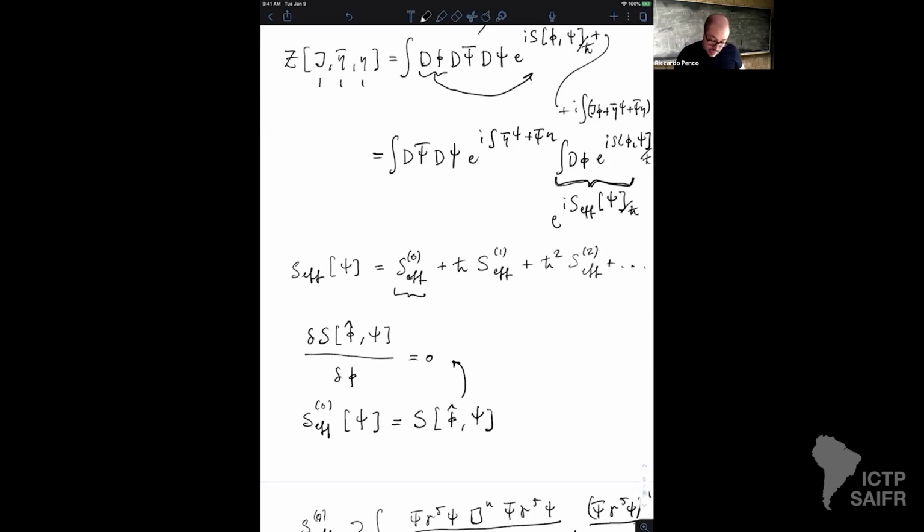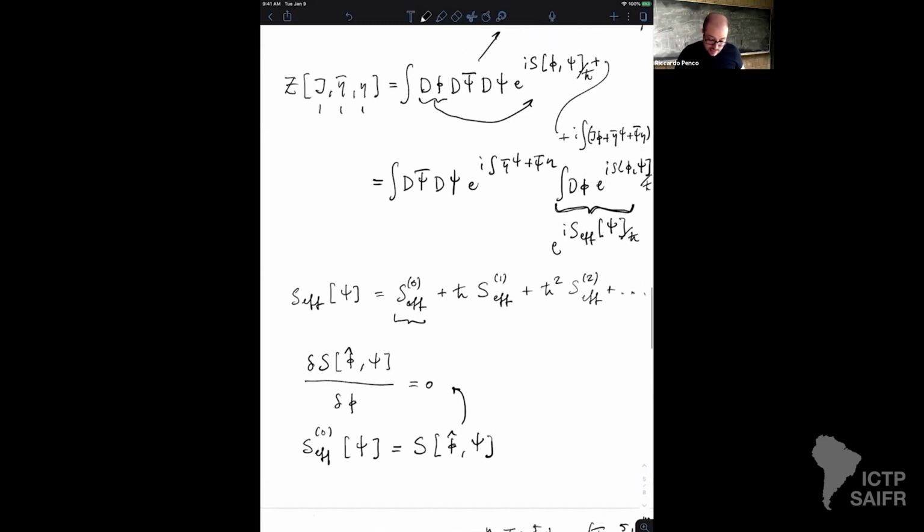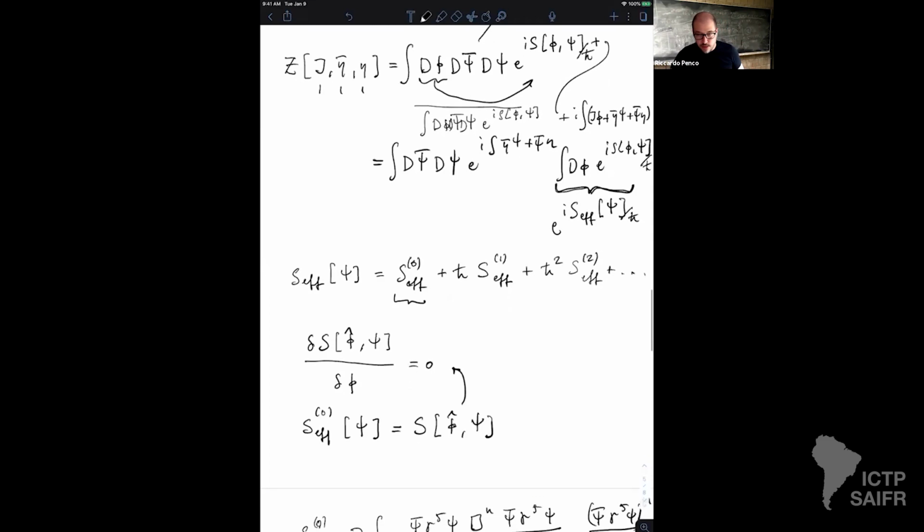So in practice, that means that to be precise, I should have divided this expression by the integral of the action where all the currents are set to 0. Okay, and if you do that, then when you integrate over phi and set j to 0, you can integrate over phi at the top and at the bottom, and this normalization problem takes care of itself. Yeah, thank you for asking that.